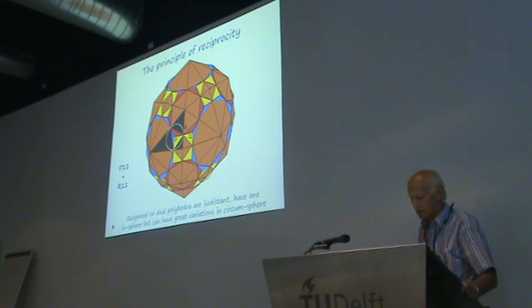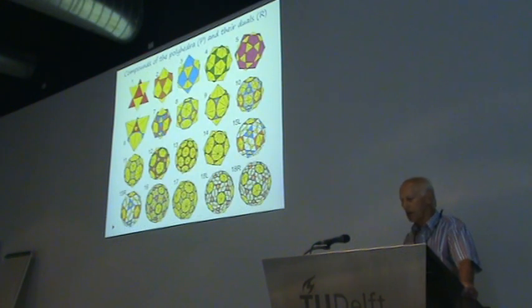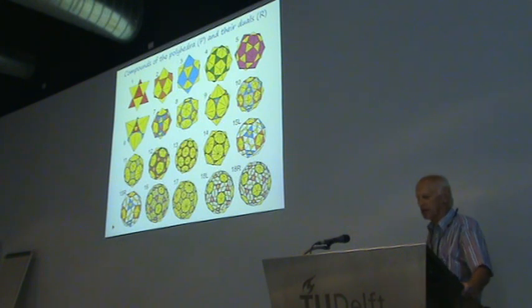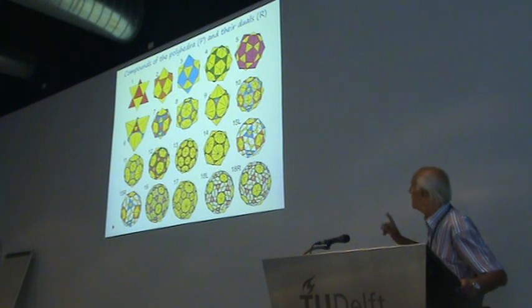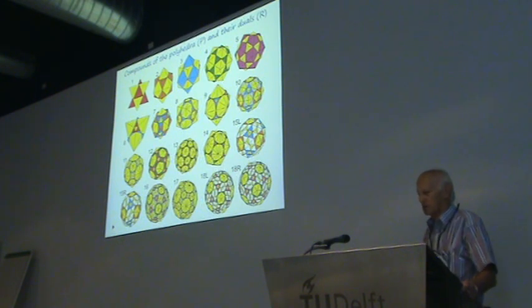P11 I have called it, and R11 is the reciprocal figure, as I call it. And here you see them all together, the polyhedra themselves and the reciprocals. And you may notice that the top row, the regular ones, are reciprocal to one of the other regular ones.